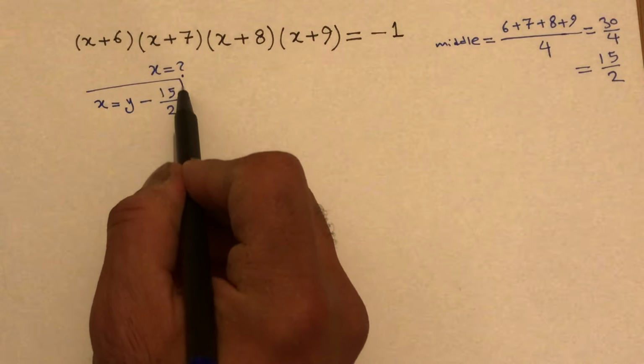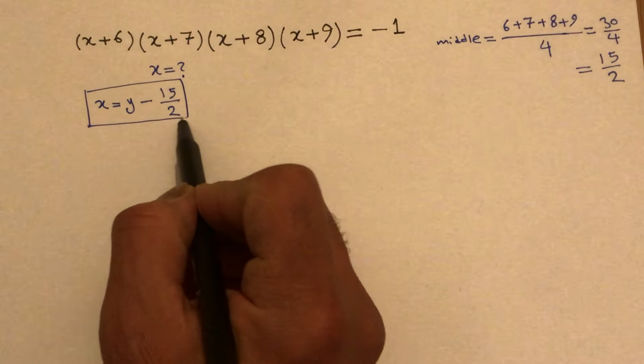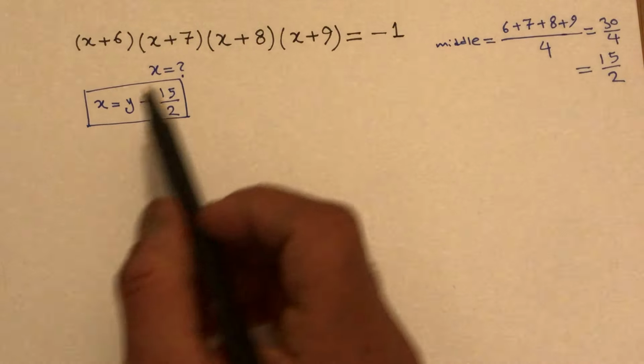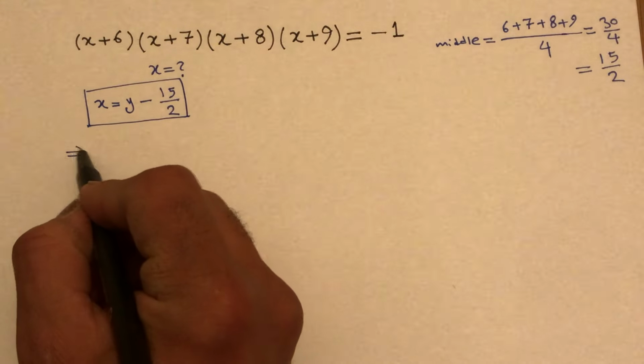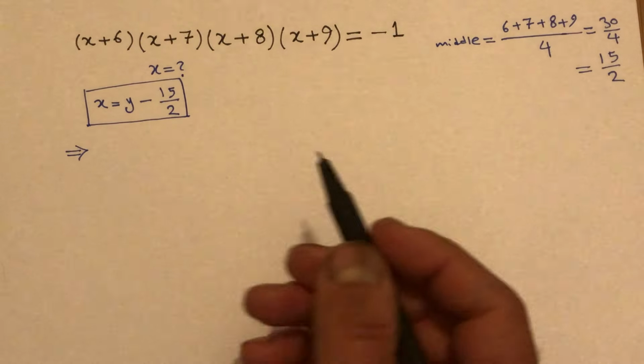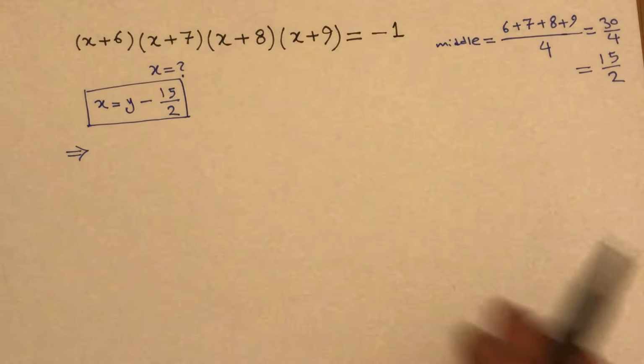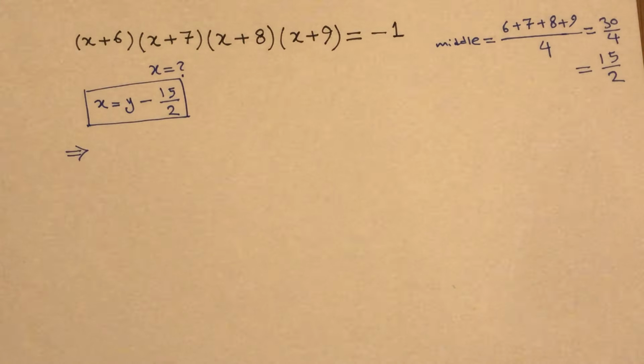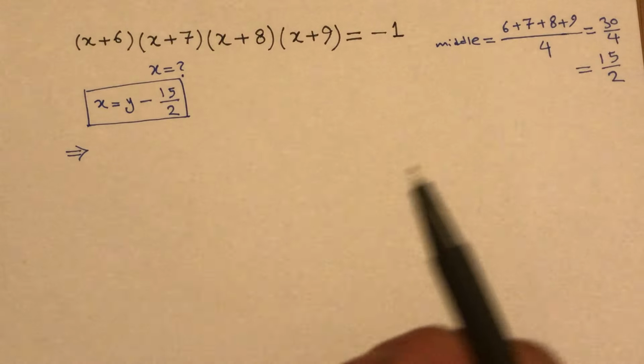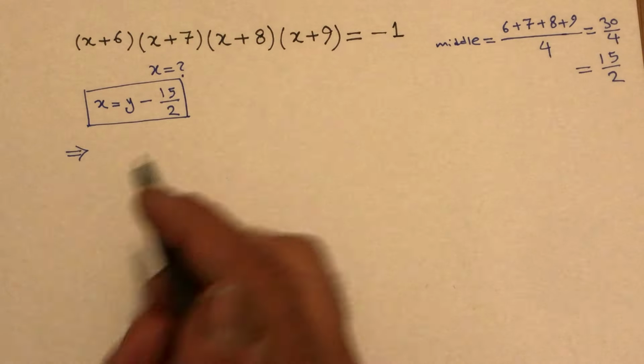By this definition, I can change these terms, and you can see why I choose this middle point, because everything takes the average and they get closer to each other.